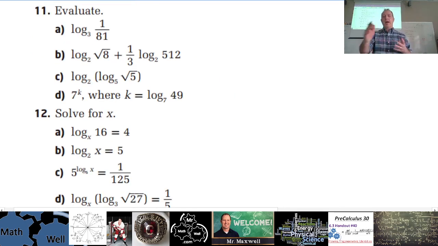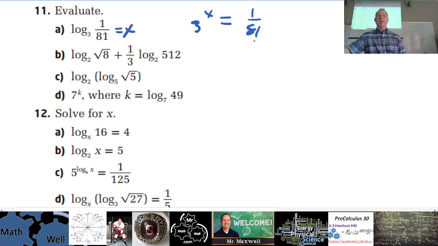Okay, 11, evaluate. I don't know if you need a calculator for any of these. 3 to the power of what? That's what this is, right? 3 to some power equals 1 over 81. If x was negative, that would bring this into the denominator. So 3 to the power of what gives us 81?